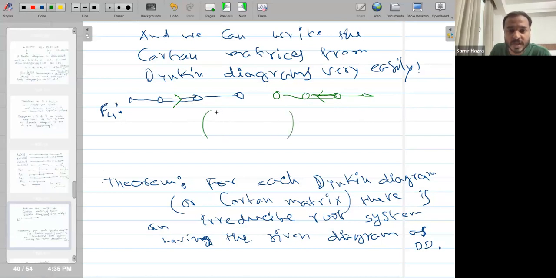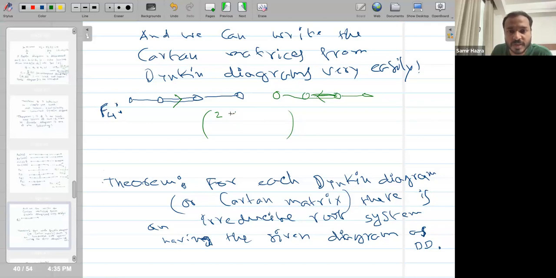If we want to write the Cartan matrix out of this, one can very easily write. Cartan matrix means the diagonals are all 2. This is the 2, 1 entry. Sorry, this is the 1, 2 entry. So vertex 1, and how many edges are in between 1 and 2? There is only 1.